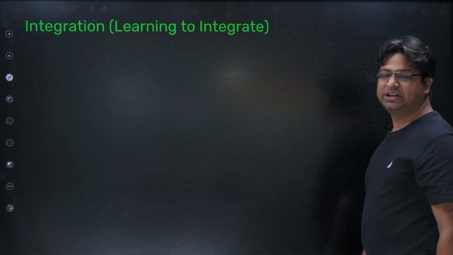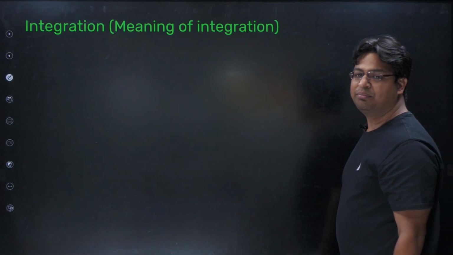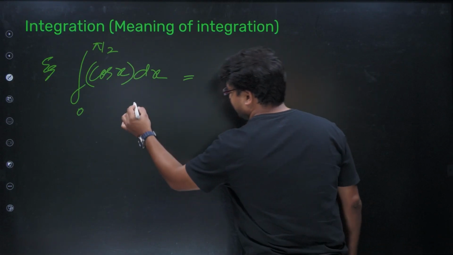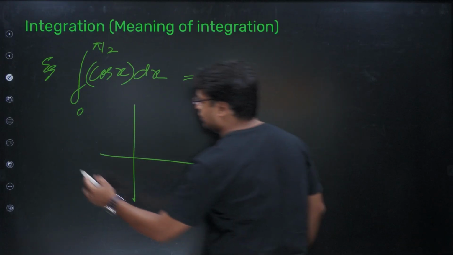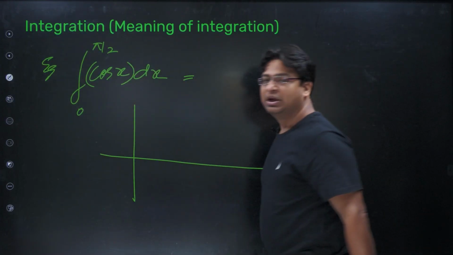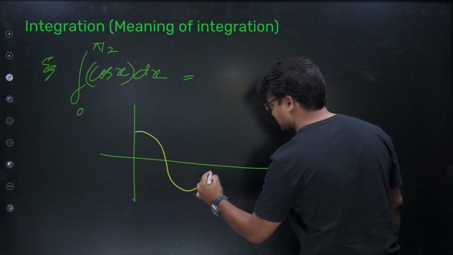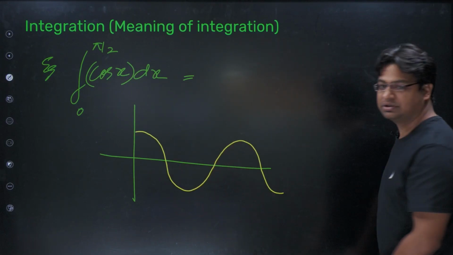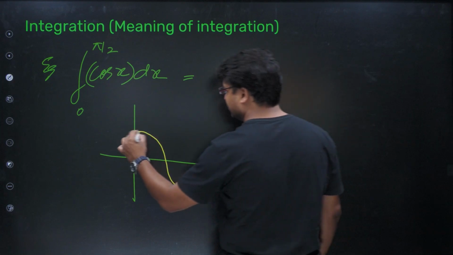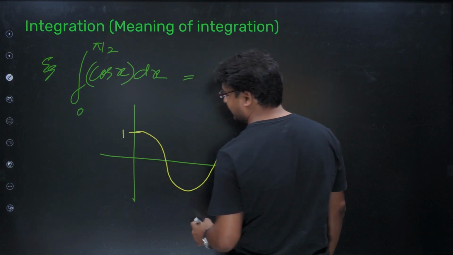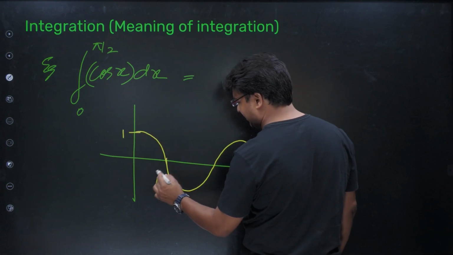So what does this indicate? If you make this graph, the graph of cos x, if you already know about it, if you don't know, let me show you. The graph of cos x is somewhat like this, with this value being 1 and this at pi by 2.